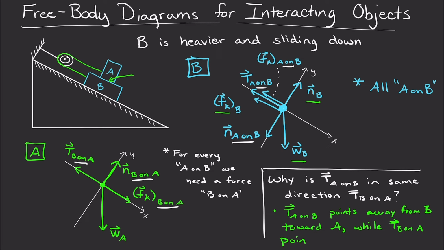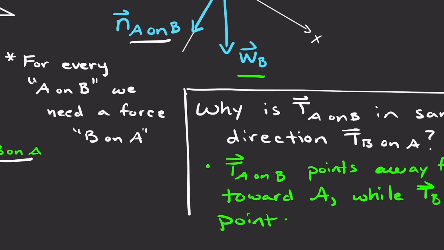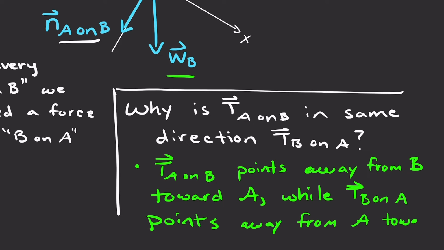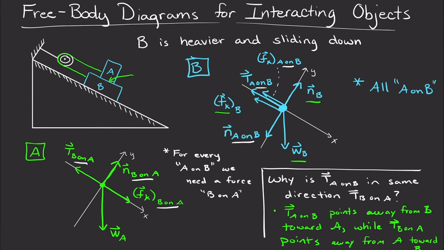It points away from A toward object B. Okay, so that's the only force in our action-reaction pairs that is in the same direction, but it's because of this pulley redirecting it. And if you think about it, it's pulling away from one object toward the other, and the other tension is pulling toward the opposite object. So they are still in opposite directions, if not for this pulley.